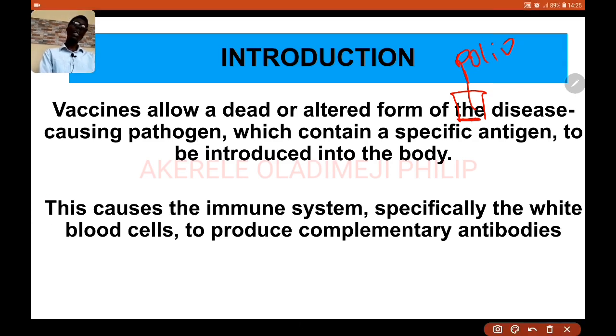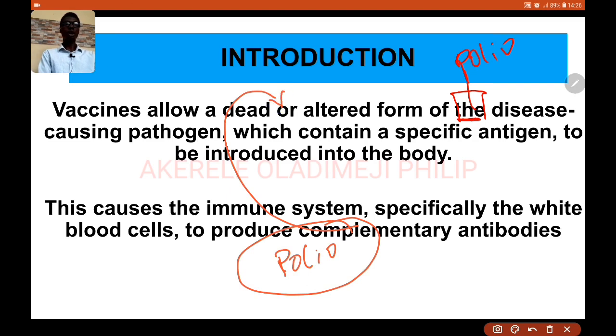For example, if you are being given a vaccine for polio, it means you are being given the dead or altered form of polio, so to say. Because it is a dead or altered form, it will not cause poliomyelitis itself.